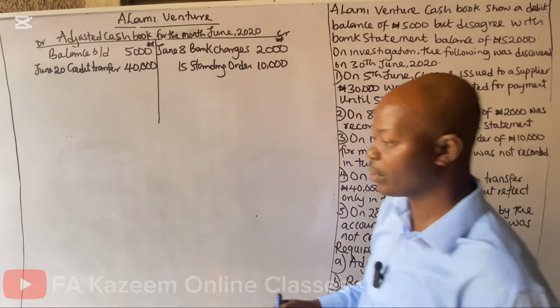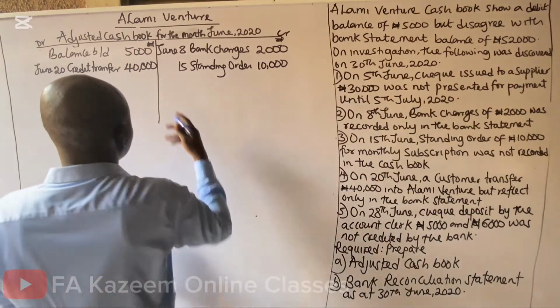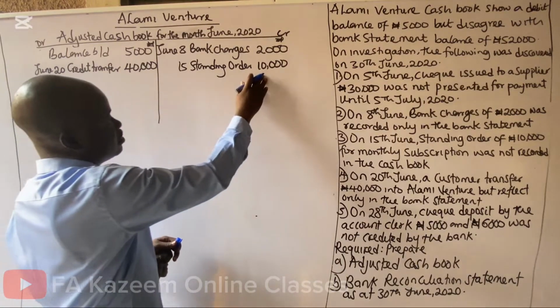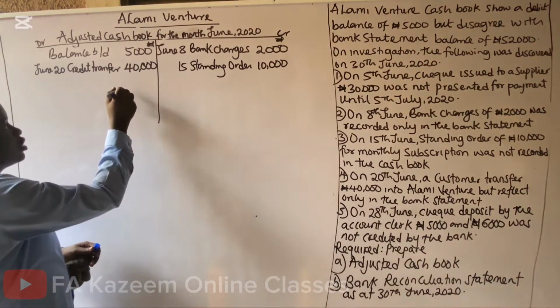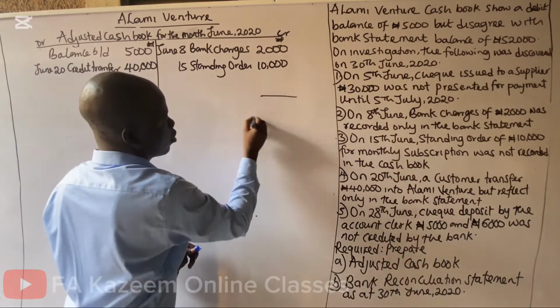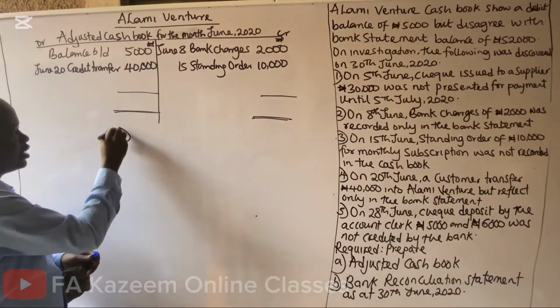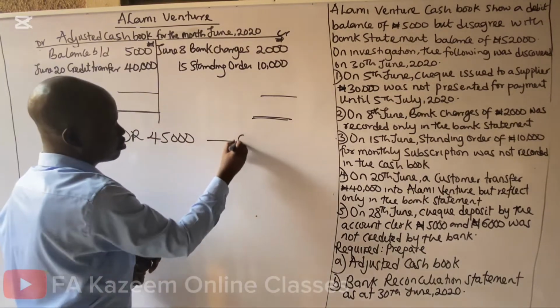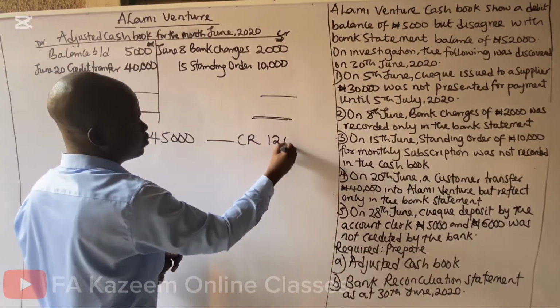All we need is to balance the adjusted cash book. The debit side is 45,000, while the credit side is 12,000. Calculator, please help us. The debit side is 45,000. The credit side is 12,000.